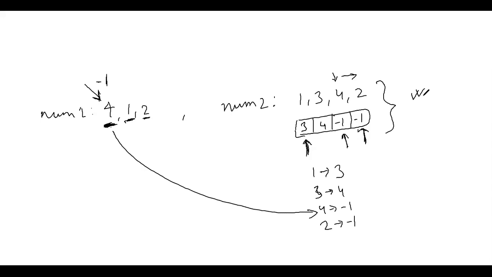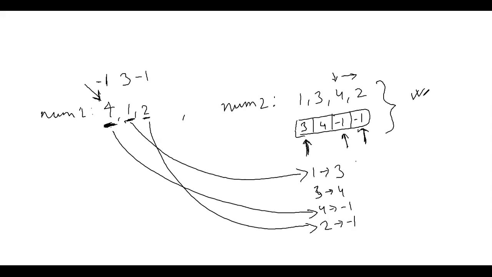For 1, it will look into this map again. The answer is 3, so this will be 3. For 2, it will go through this, and the value will be -1. So the same process, but instead of an array, we are putting this value in a map to facilitate this faster lookup.